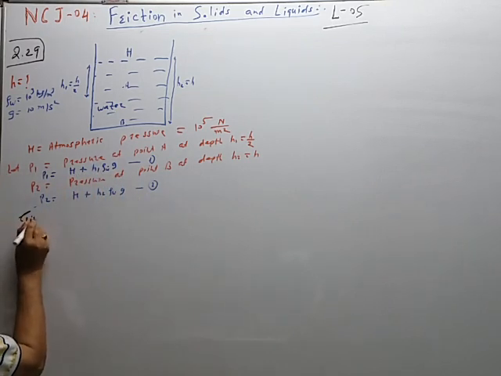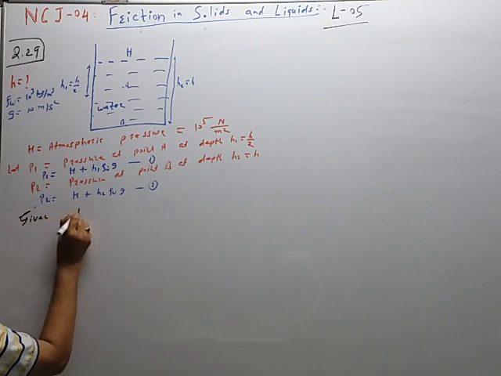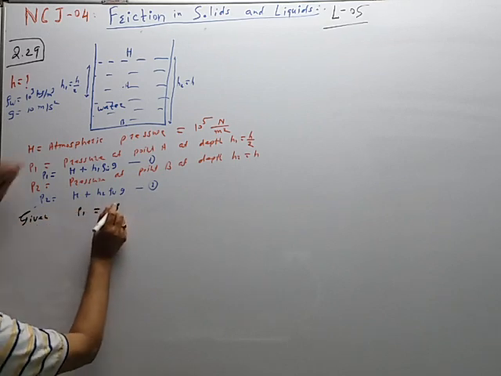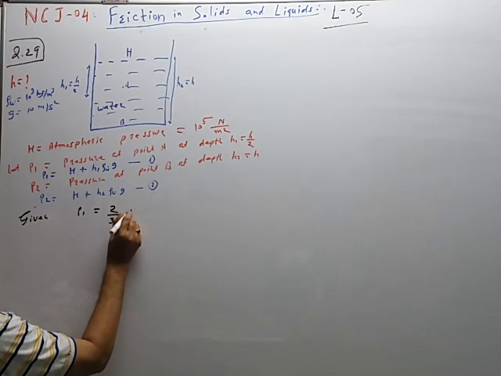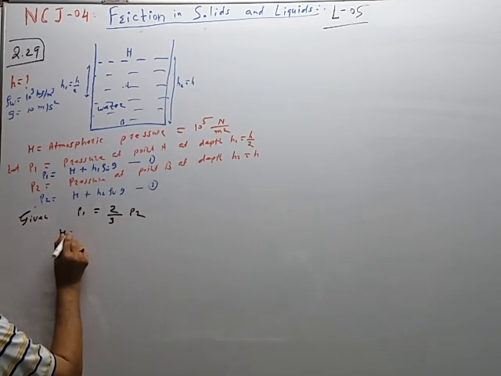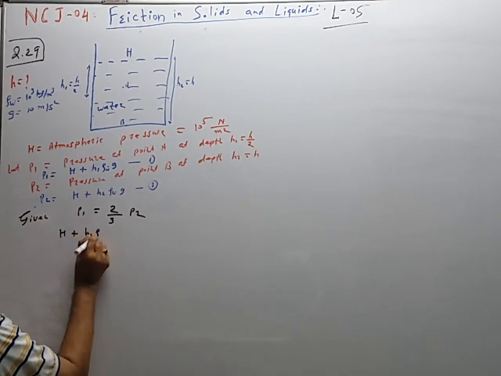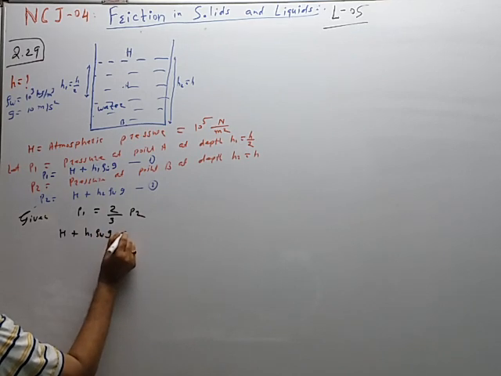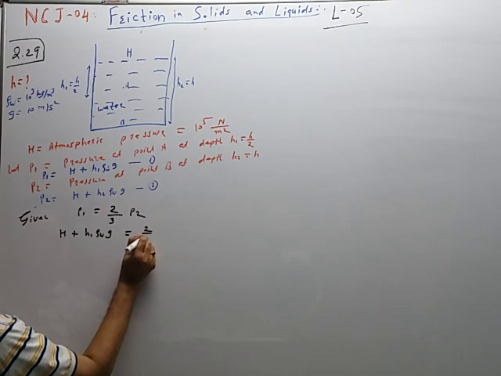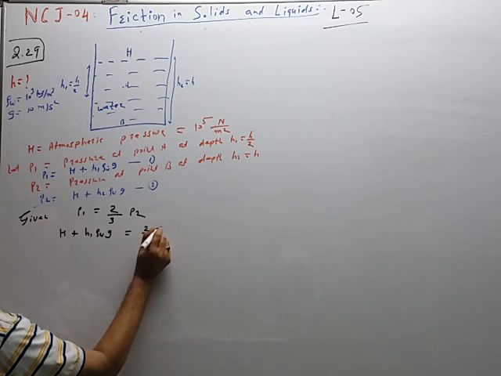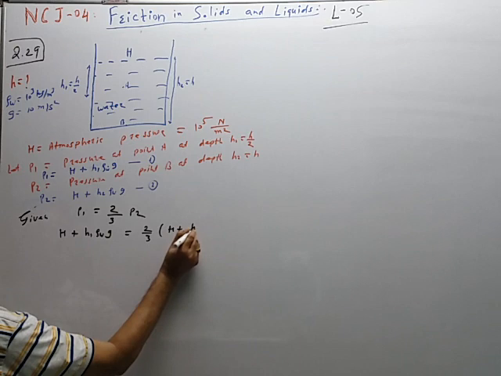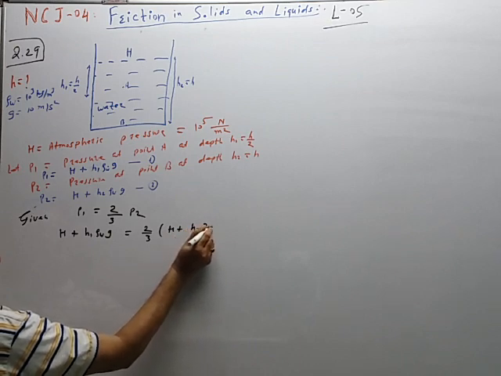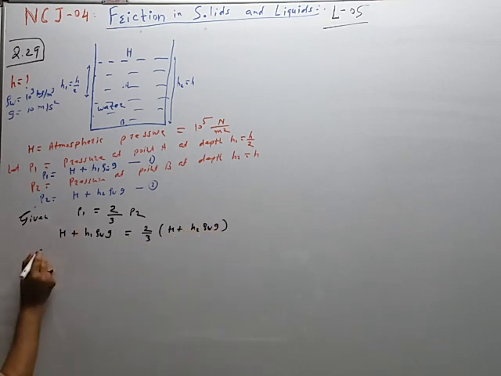Given, P1 इथे नक्कीच प्रेशर कमी असतं कारण हाईट वाढली की प्रेशर वाढतं. P1 is equal to 2/3 of P2. Therefore H plus H1 rho G is equal to 2/3 times H plus H2 rho W into G. 3 इकडे गेलो.